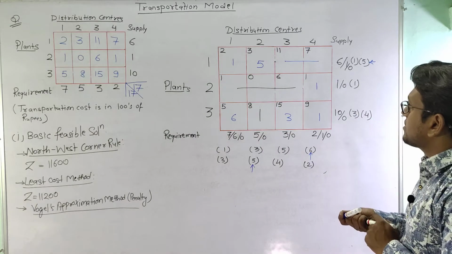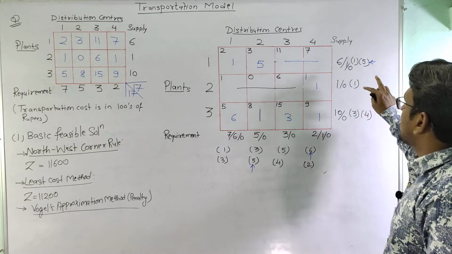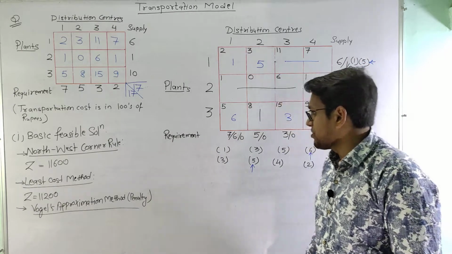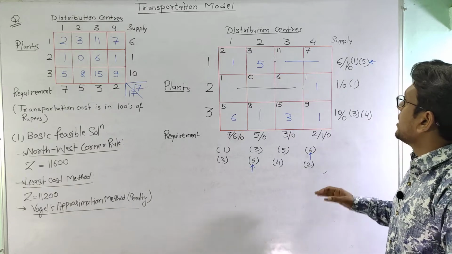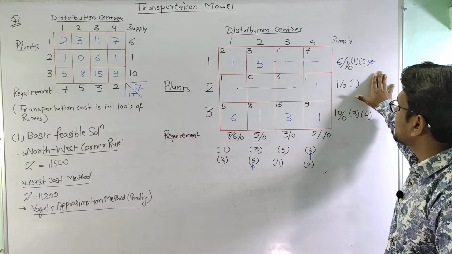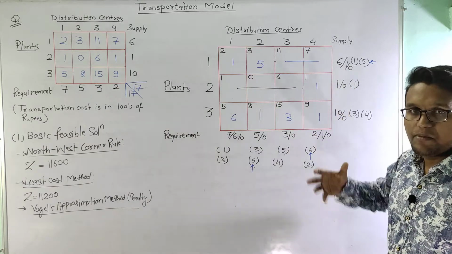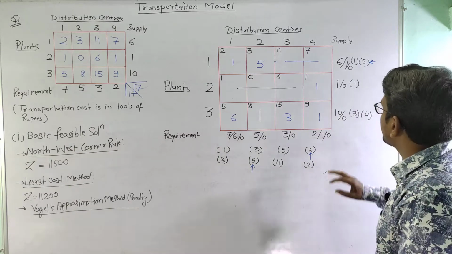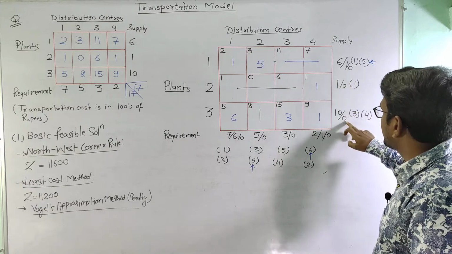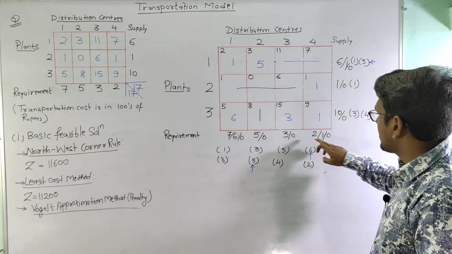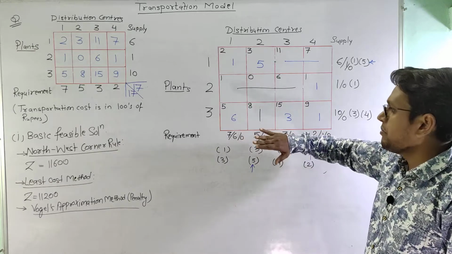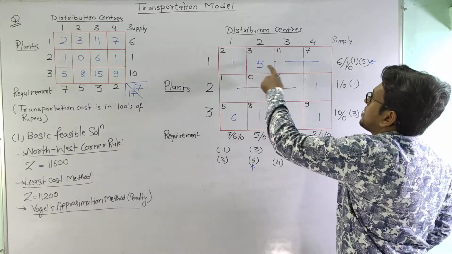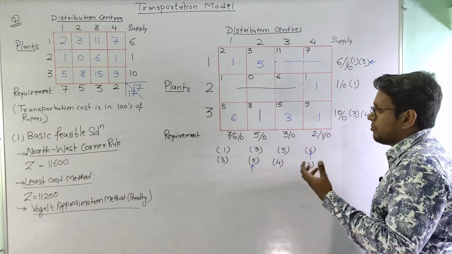Now let us see here that this is the basic feasible solution we have obtained from Vogel's approximation method or penalty method, and again we will check if our solution is a basic feasible solution or not. And to be a basic feasible solution, it must satisfy three conditions. First is that all the supply and demand should be met. As we can see here all are 0, that means all the supply and demand are met. Second is non-negativity restrictions, that means in all the cells there must be either 0 allocation or positive allocation.